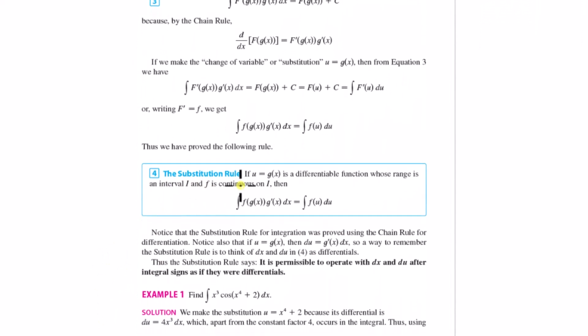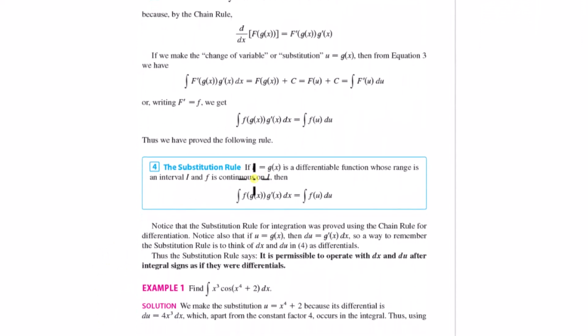And then they give a formal definition here. It's saying if u is equal to g of x is a differentiable function whose range is an interval I, and f is continuous on I. So u needs to be differentiable because we're going to be taking its derivative. And then the range of u needs to be valid.